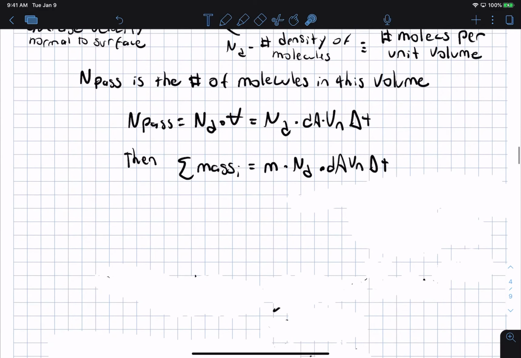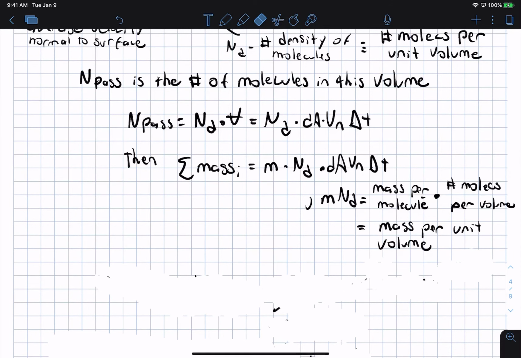Okay, and now I will make a little aside here and note that the quantity m times ND: the mass of each molecule m times the number of molecules per unit volume equals a mass per unit volume, which is just the density.